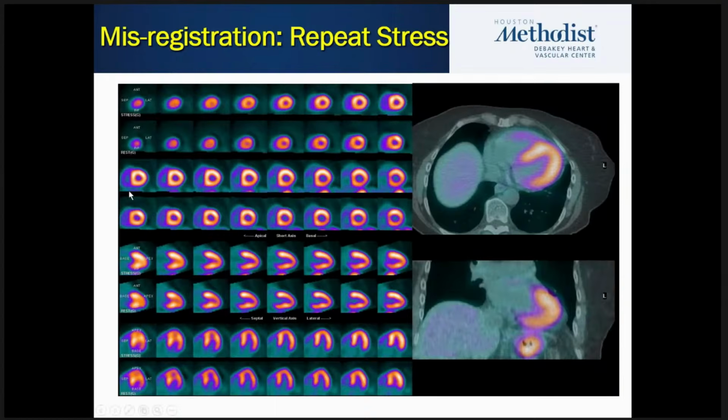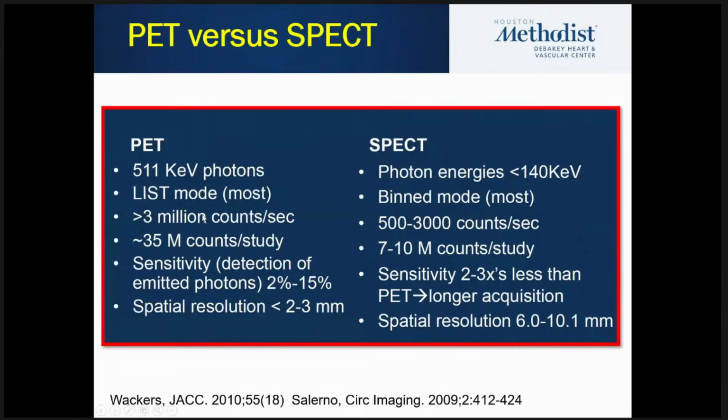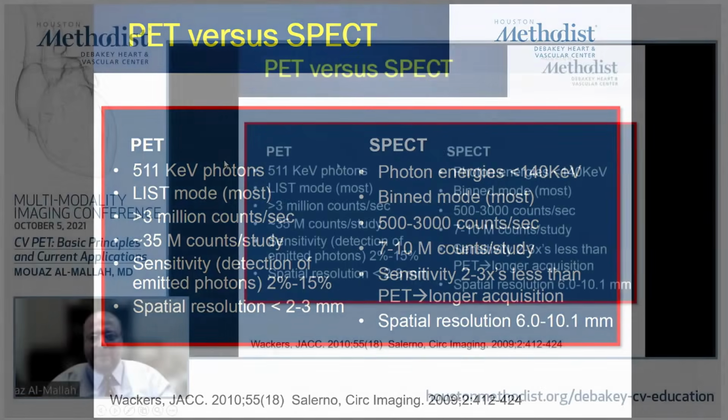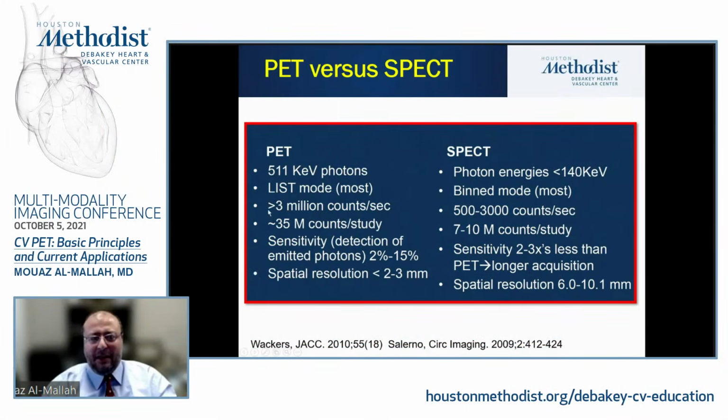All right, so let's take a quick pause here. I've mentioned a lot of the differences between SPECT and PET, but I'm going to try to summarize them here. The main one is that we're imaging with 511 keV photons compared to 140 with SPECT. Here we use what we call a list mode acquisition, so we can get myocardial blood flow data.